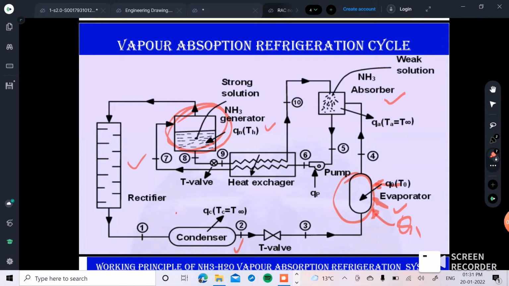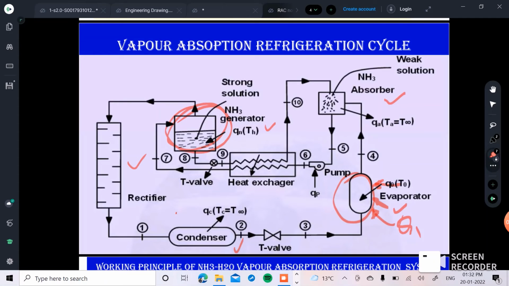The mixture of NH3 and H2 vapor is further passed into the absorber from the bottom as shown in the figure. The weak solution of aqua ammonia flows into the absorber, coming out from the separator at the top. The weak ammonia solution comes in intimate contact with NH3 and H2 vapor in the absorber and becomes strong in NH3 by absorbing ammonia vapor.